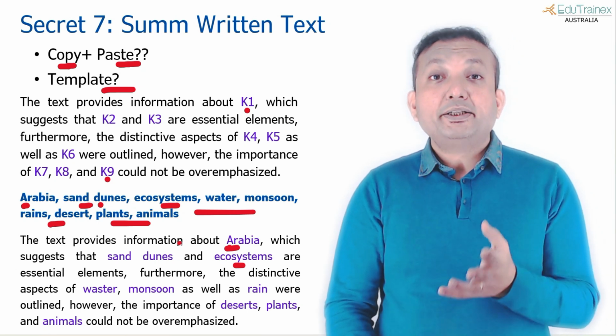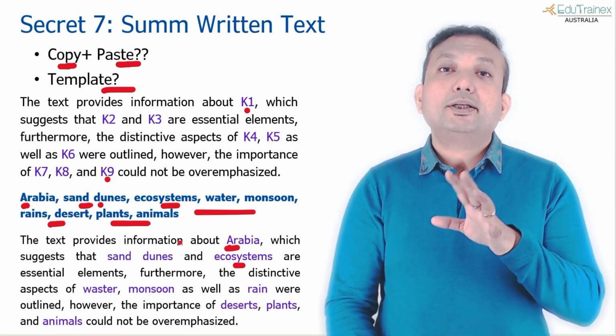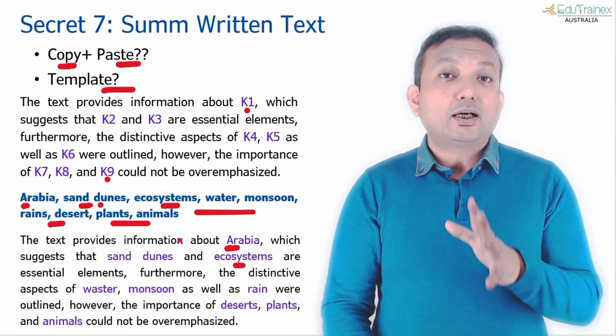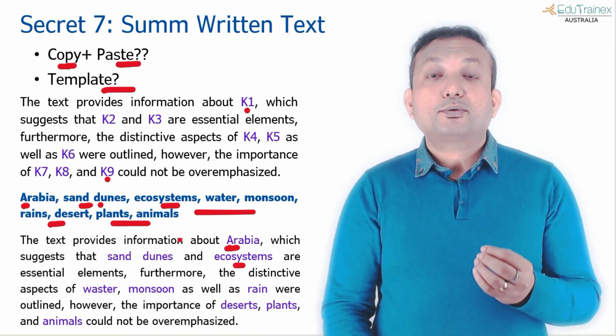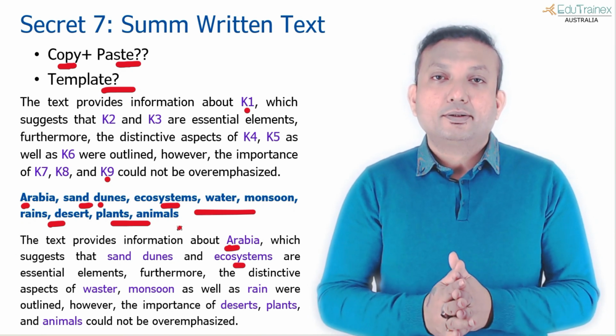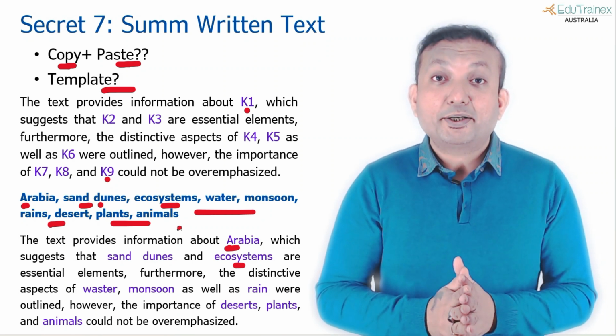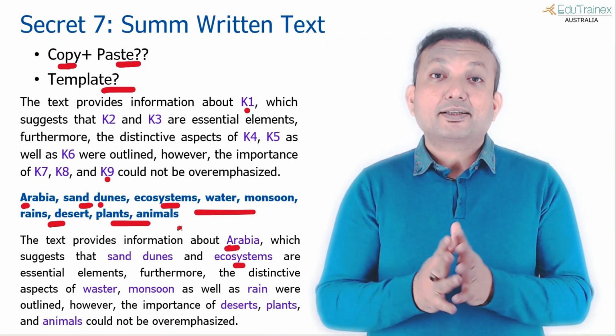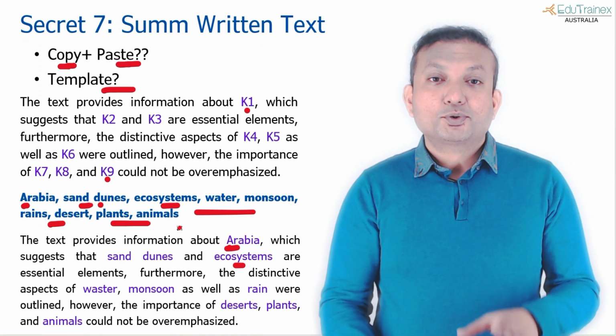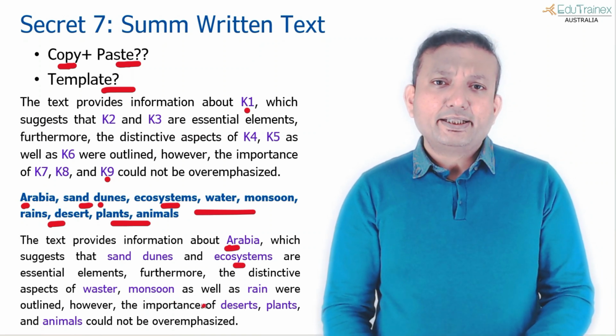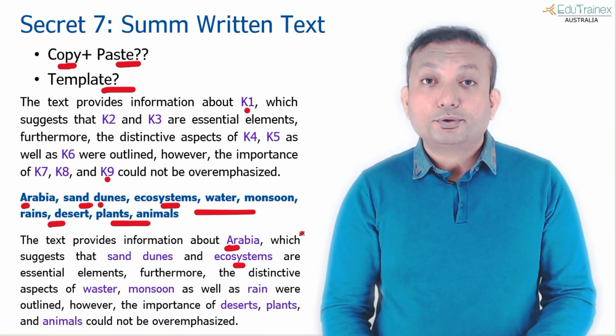So if you are confident in using the verbs, then you can do that. But I would not advise you if you are trying to use this task as an easy tool. Okay, so these are the easy way of doing things, but be careful not to choose the verb.